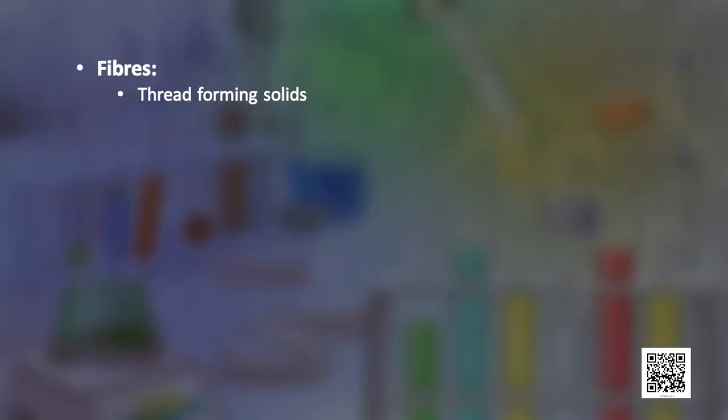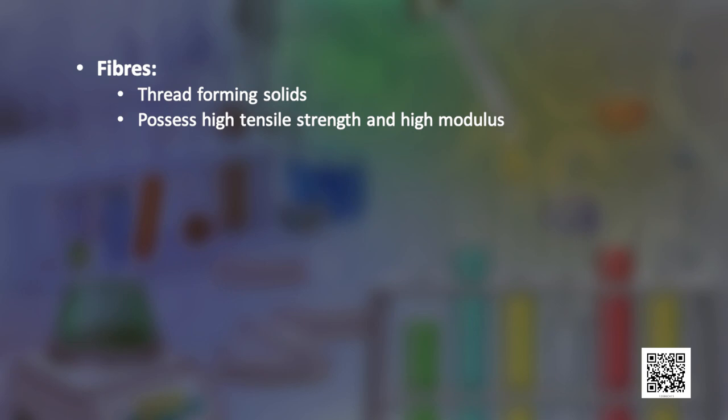Again, you all must be wondering what is the difference between Buna S and Buna N. And my answer to this question is that we will be discussing all these in the subsequent episodes. The next subcategory is fibers. These are thread forming solids which possess high tensile strength and high modulus.